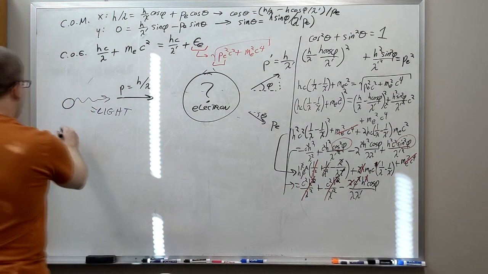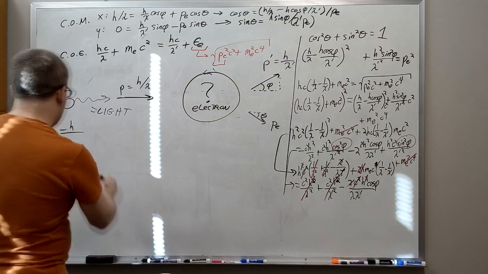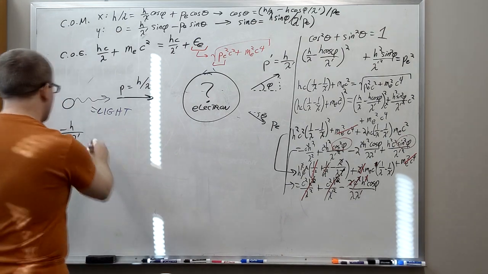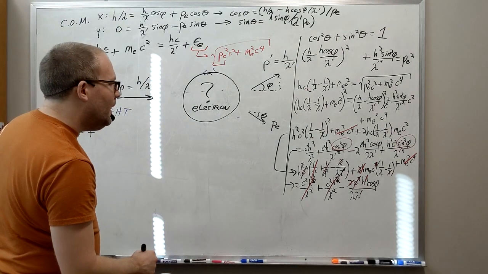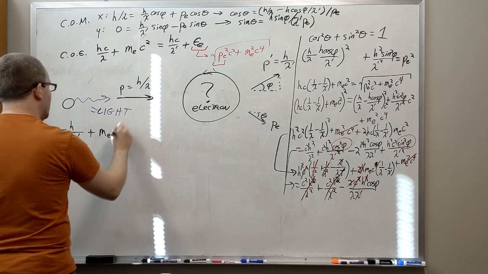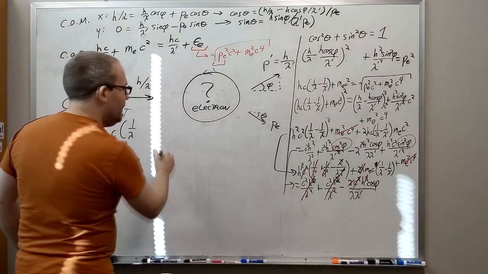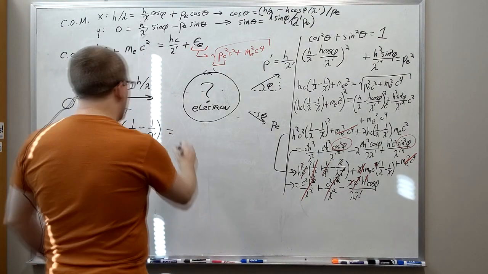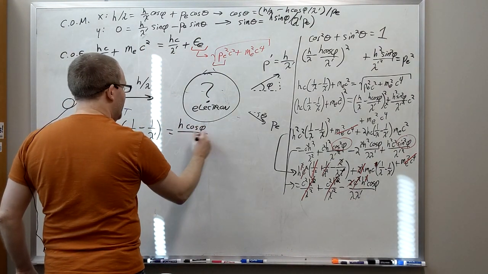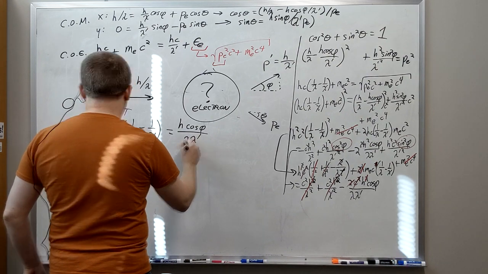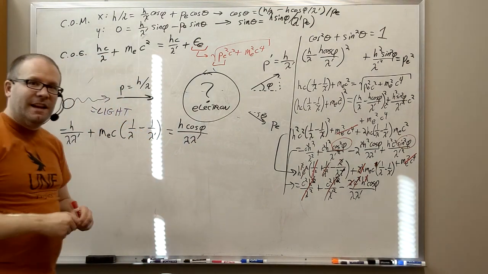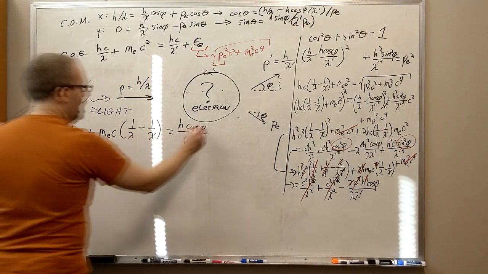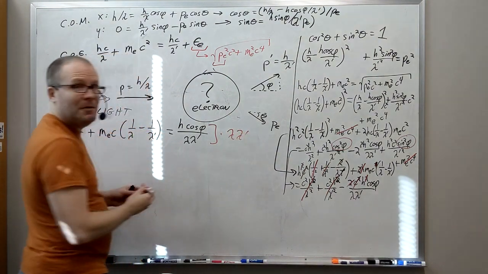Let's see, so on the left-hand side, I'll have a negative h over lambda lambda prime, plus an m_e c times 1 over lambda minus 1 over lambda prime. Good. Going to equal an h cosine phi over lambda lambda prime. It is a bit awkward having all of these lambdas and lambda primes in the denominator, so we are going to take everybody and multiply everybody by lambda lambda prime.